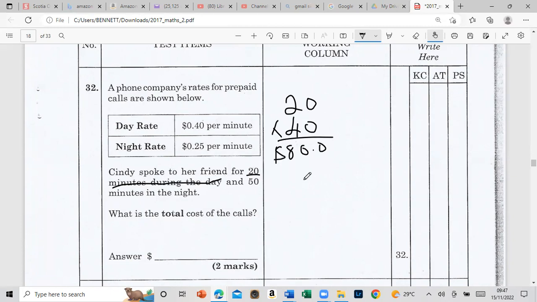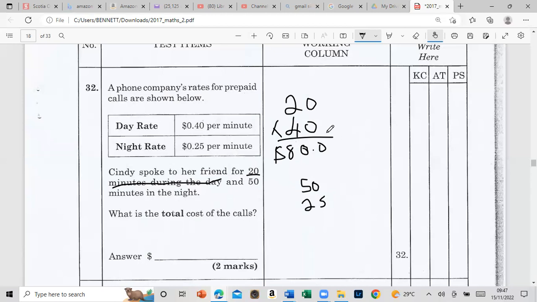Alright, so we have 50 now, times 25. But wouldn't that be 2 decimal places?